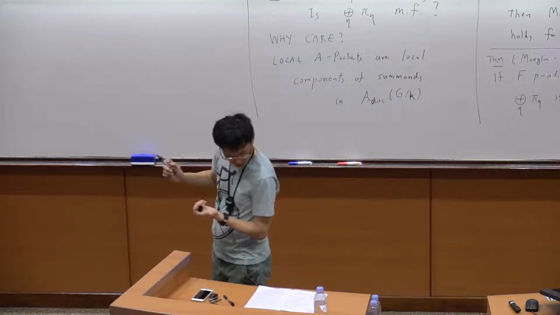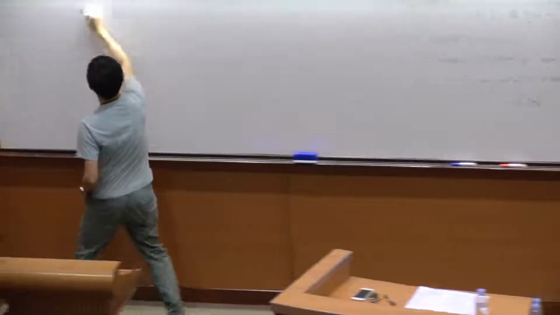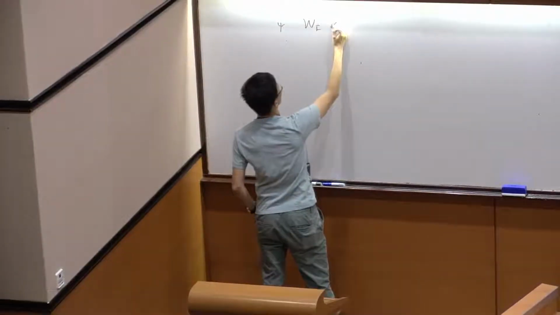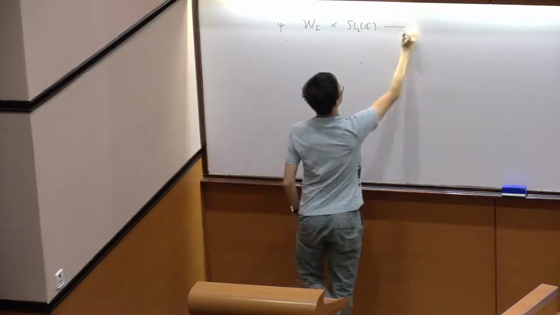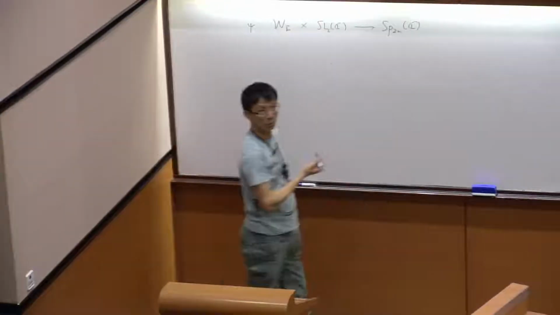Okay, so let's start with an A parameter. There's no Deligne group in the Archimedean case, just the Weil group. So this is my parameter.